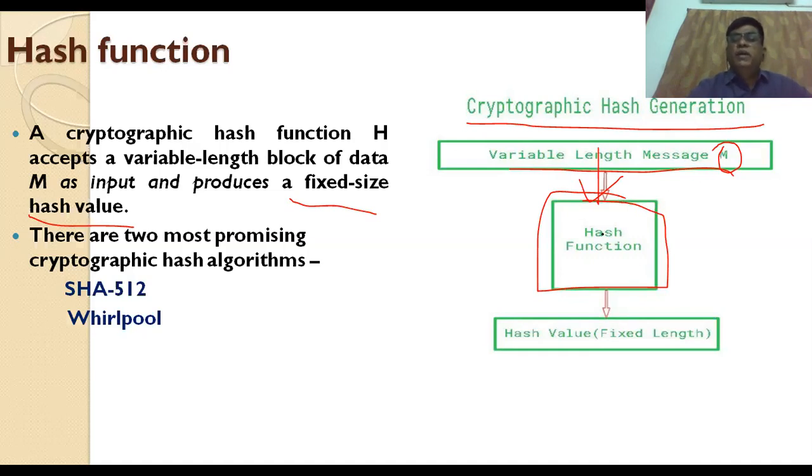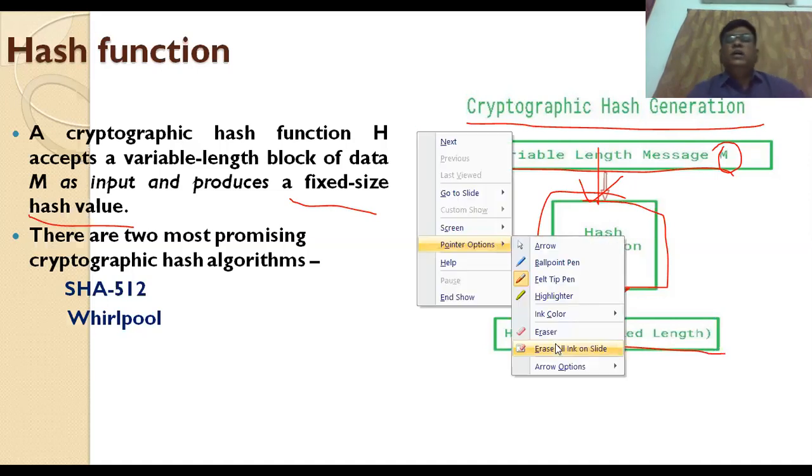But the output of the hash function is the equivalent hash value of the message with fixed length. So every hash function accepts a variable length message but produces a fixed length hash value.